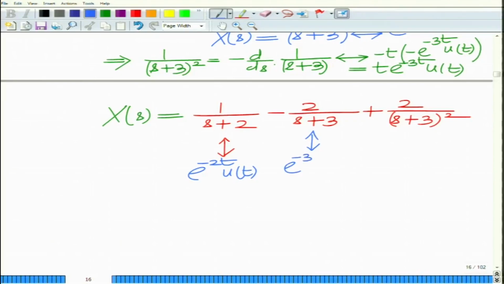This has the inverse Laplace transform e raised to minus 3t u(t), and this has the inverse Laplace transform t e raised to minus 3t u(t).